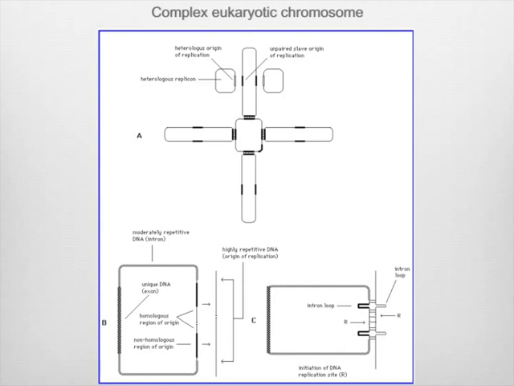You can see what these intron loops would look like in C, but we're not going to go into a lot of detail about this right now. You can read more about it at the blog.